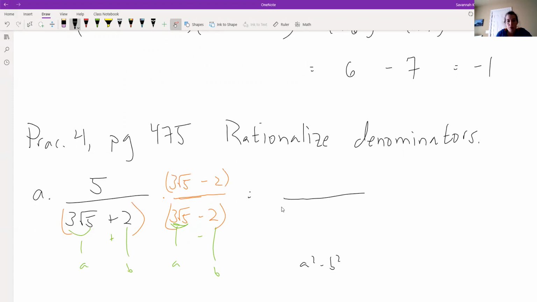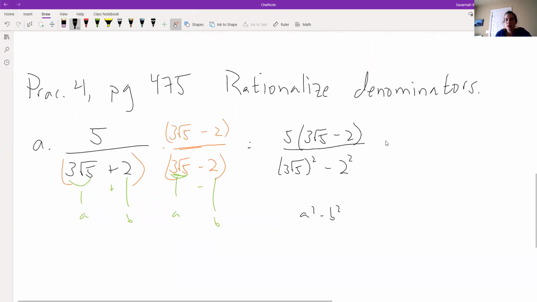Very carefully with use of parentheses, a squared, looks like that, minus b squared. And no, I haven't made any attempt at simplifying that yet. That'll come later. And then on top, I am just sliding the two quantities together and not worrying about simplifying yet. Focus is all on the denominator here.